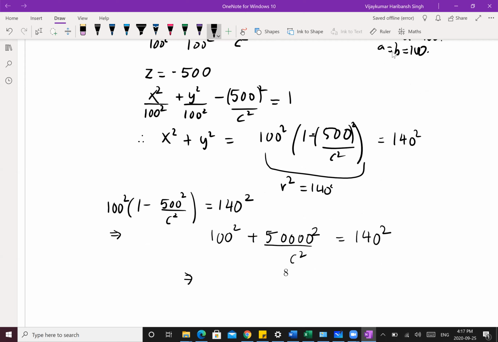So if I solve for c, c squared equals 50,000 squared divided by 140 squared minus 100 squared.